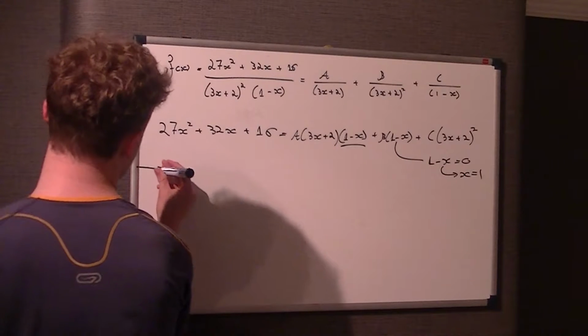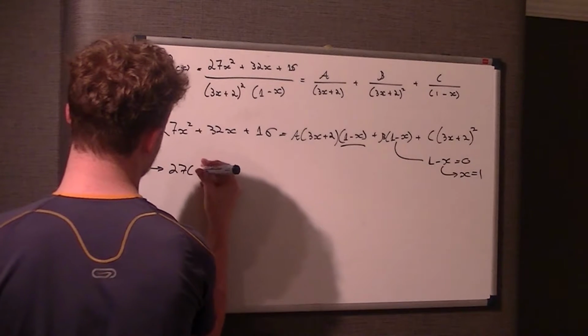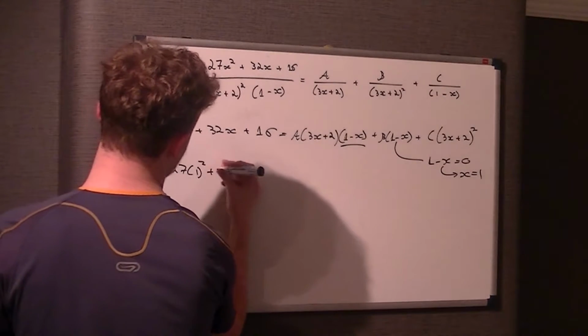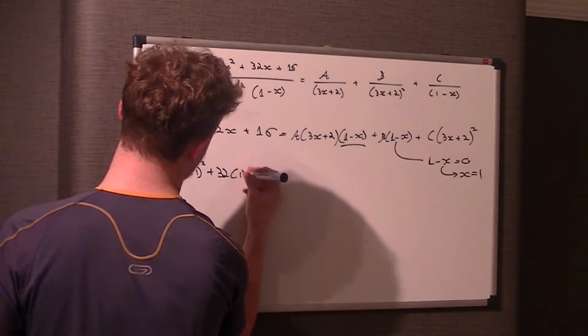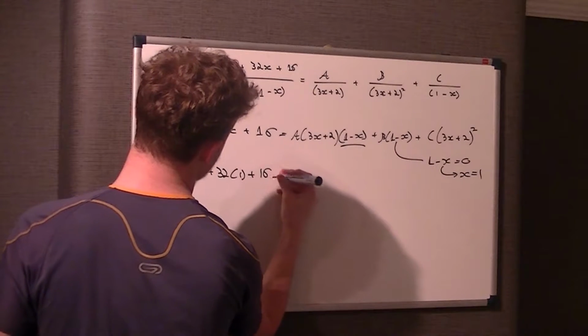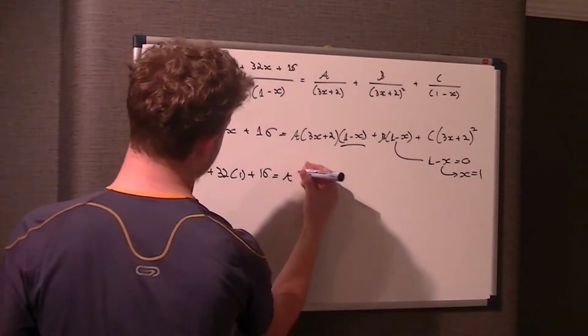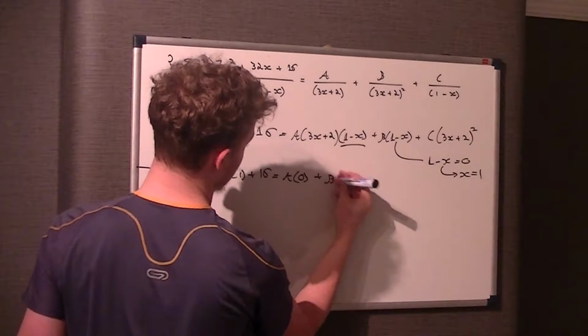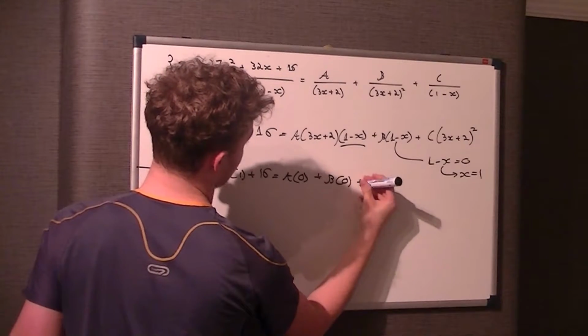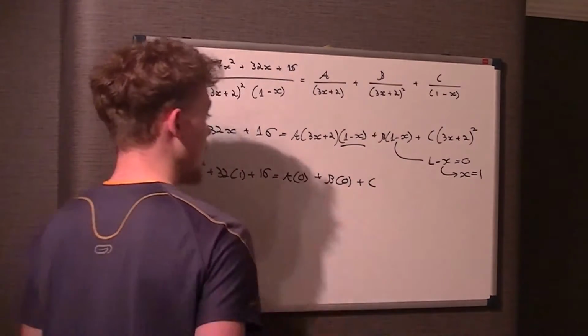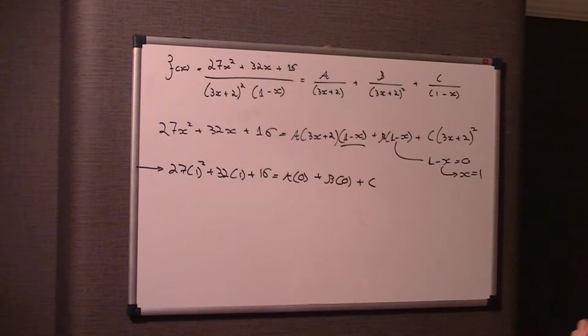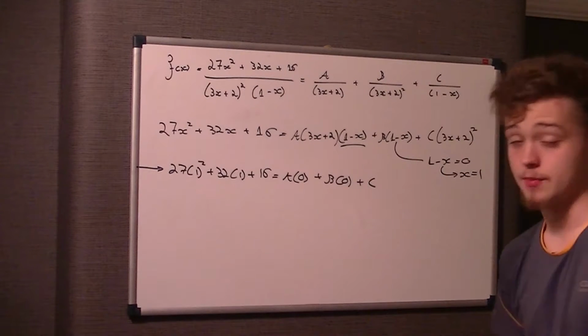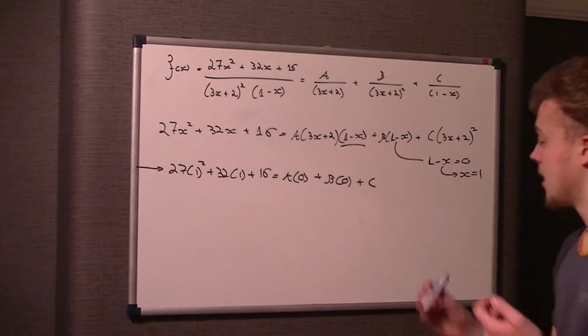If we do that, we get 27 times 1 squared, plus 32 times 1, plus 16 is equal to, well, A is going to be times by 0, and so is B, but C isn't. Because if x is 1, it's 3 times 1 plus 2, which is 5 squared.